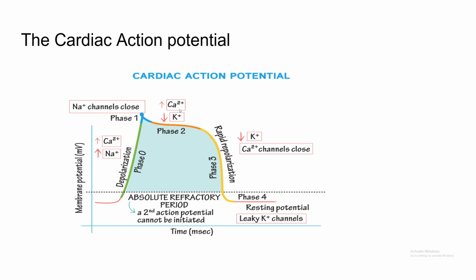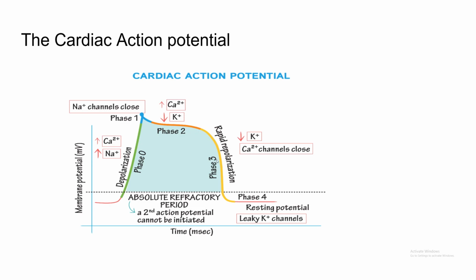So you have calcium ions flowing into the cell and potassium ions leaving the cell. Because potassium is a positively charged ion moving out of the cell, it's making the cell more negative. So these two things are balancing each other out: positive ions in, positive ions out. You get phase 2, where you get a plateau because they're balancing each other out a little bit. It's going down a little bit.